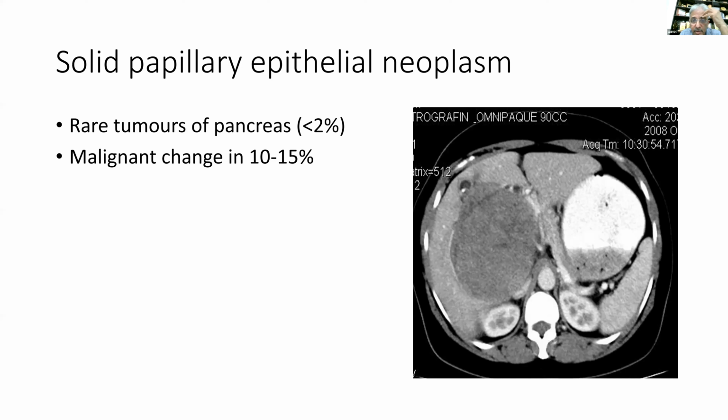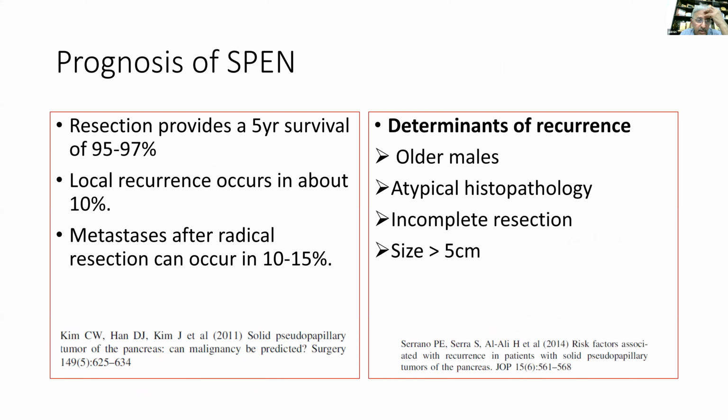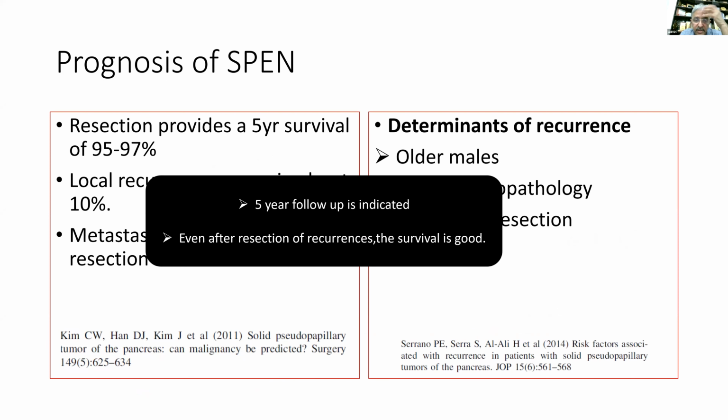While we should preserve the parenchyma, you should not do enucleation, and you should get negative margins. If you resect a benign tumor, you will get good 5-year survival, long-term survival. But local recurrences do happen, and that's a major problem. So you need not just 5-year follow-up, as the slide would indicate, but you should probably follow up for life.